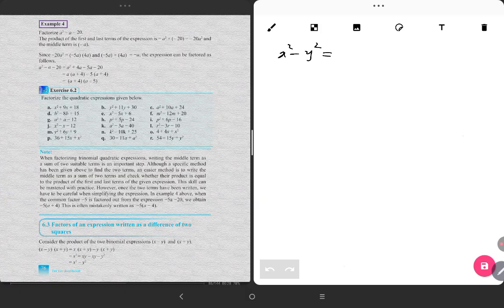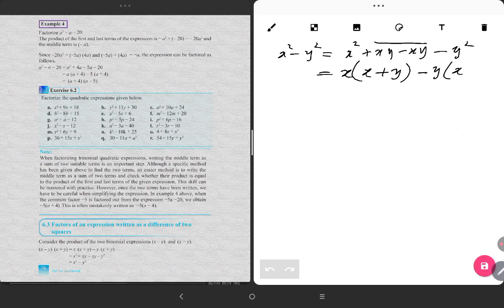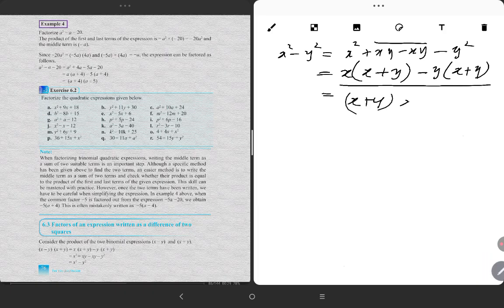You can write this x square minus y square as x square plus xy minus xy, because these two nullify, right? And then the remaining minus y square, and then we take x out of this, we can get x plus y, and if you take minus y out of this, it becomes x plus y. So see, it is x plus y times x minus y.